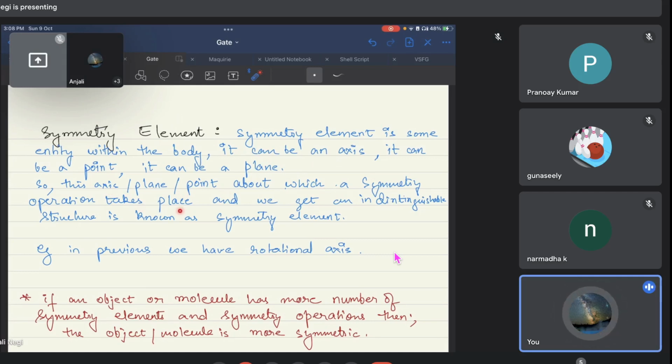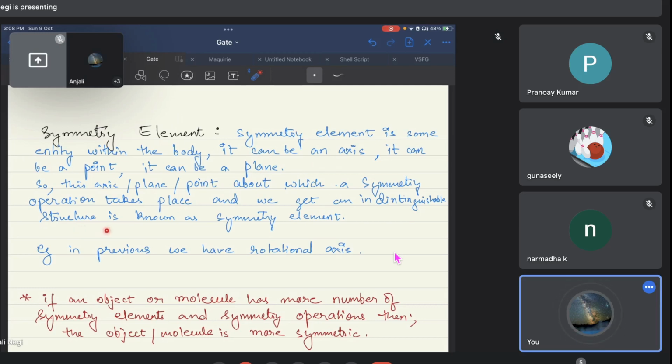Like in the previous example, in the equilateral triangle, the entity about which the operation was taking place was the axis passing through the center of that particular equilateral triangle. That is what we call the symmetry element, and we get an indistinguishable structure.